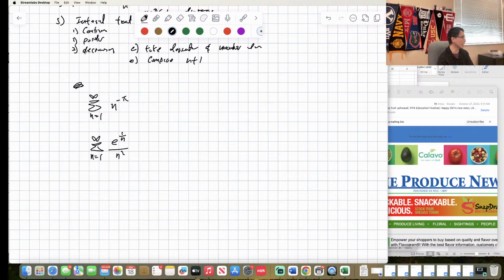You have to follow what I said. It's decreasing. There's two ways to prove it. You might not know how to do n plus 1. It's probably hard to do n plus 1 in this case. It's probably easier to do a derivative.